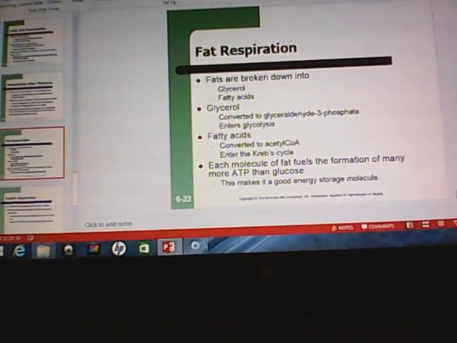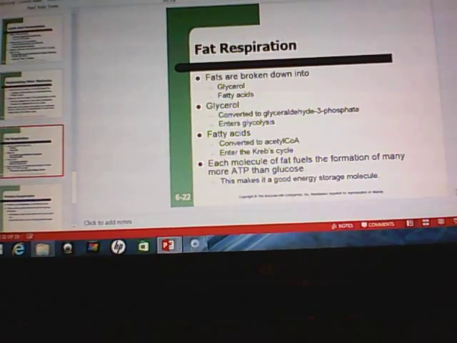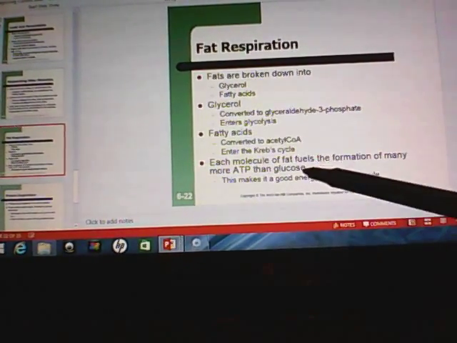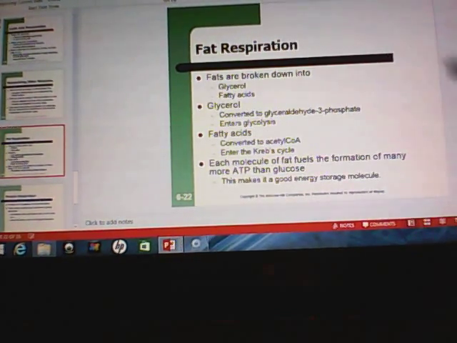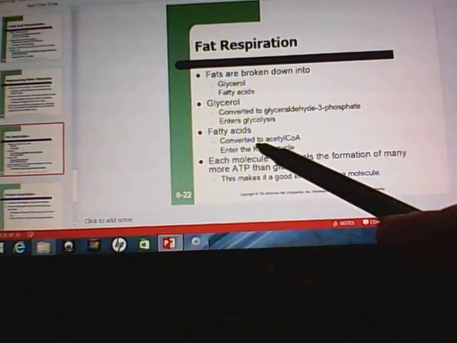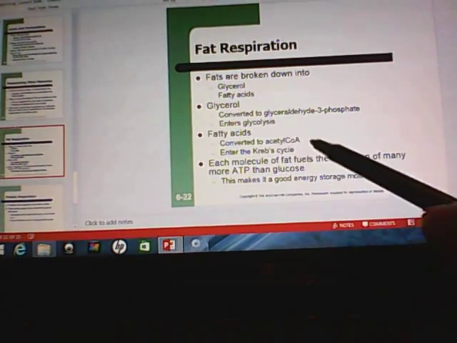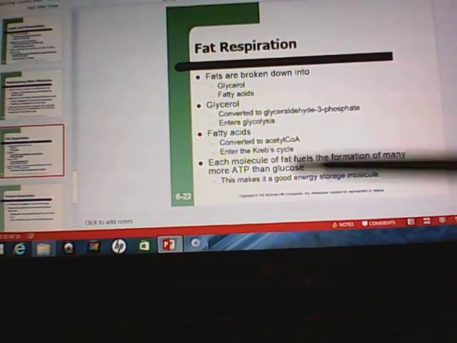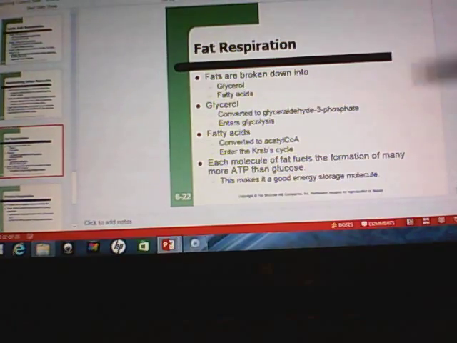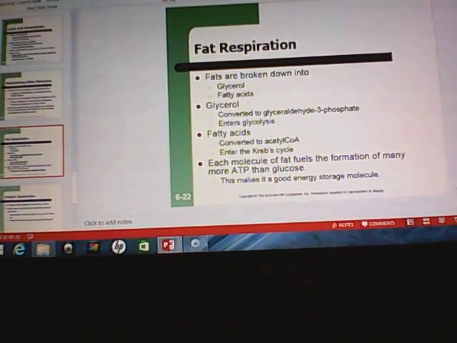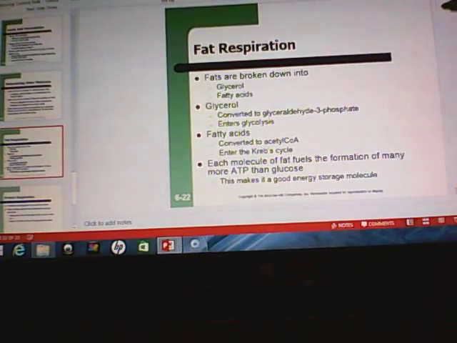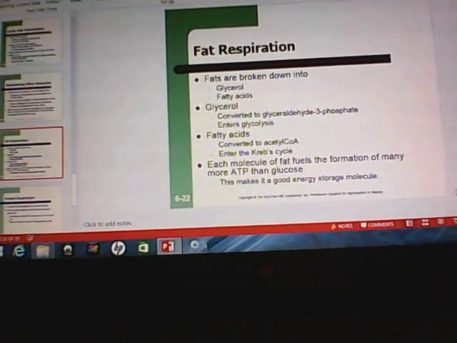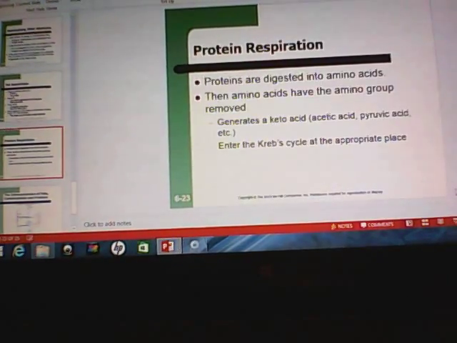This shows fat respiration: each molecule of fat fuels the formation of many ATPs, and you can convert fatty acids into acetyl-CoA, which can enter the Krebs cycle and end up making ATPs. This is what happens when people do a low-carb diet. Their fat begins to give them the energy they need, and so it starts being used up, which is why Atkins works a lot.